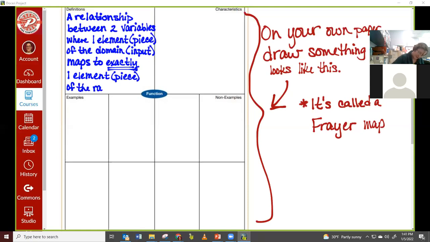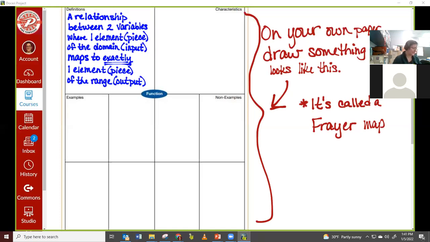Range is our output. Make that fit in that space just a little bit better. So there's our working definition for a function.